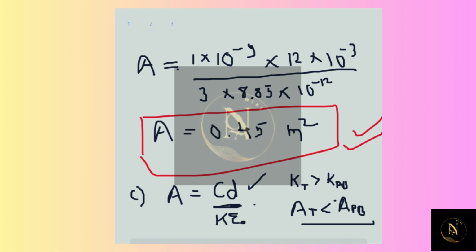It is quite apparent from this formula. Since K, the dielectric constant, comes in the denominator, and it is greater for Teflon, the area needed will be lesser. So for part C, we need a smaller area of Teflon than a poster board, and we have already given the explanation. It's because of this formula. With this, we conclude the problem, and thank you very much.